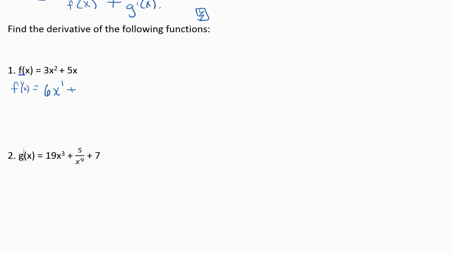Plus 5x, well, think of this like 5x to the first power. We'd have 1 times 5 is 5. X to 1 minus 1 is 0. And this isn't something we've talked about yet, but we should have. This x to the 0th power, well, anything to the 0th power is just equal to 1. So this is equal to 6x plus 5 as our derivative.